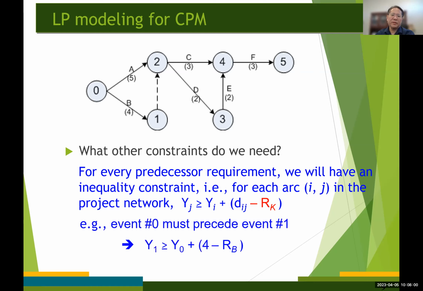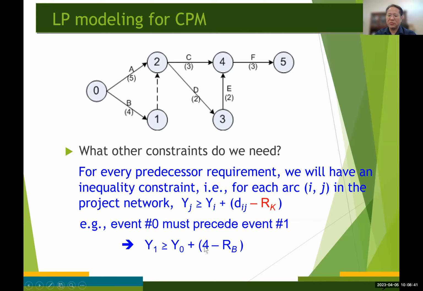And what other constraints do we need? So for every precedence relationship, we will have a new set of inequality constraints. Okay, that's going to be y sub j is greater than or equal to y sub i plus d sub ij minus r sub k. So for example, event number 0 must precede event number 1 translates to y sub 1 is greater than or equal to y sub 0 plus 4.